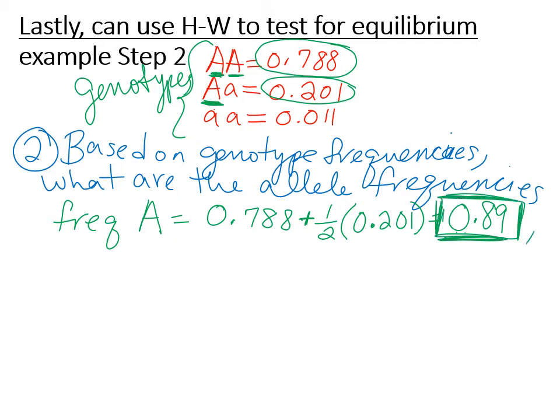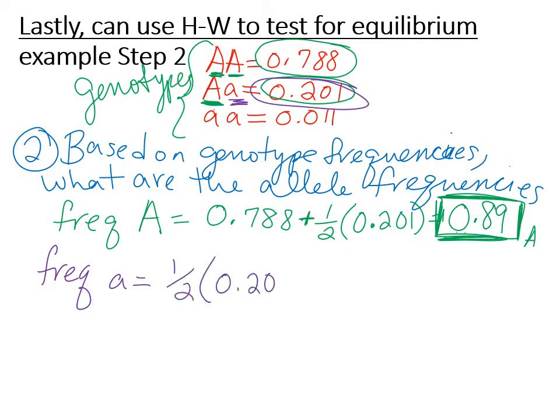That's for capital A. And then we need to calculate the frequency of our second allele, which again is half of the heterozygous, plus the whole homozygous recessive.